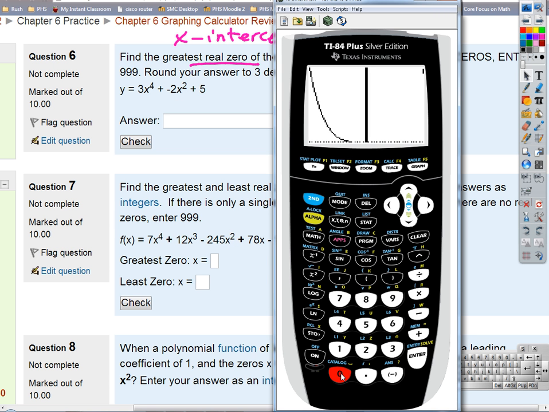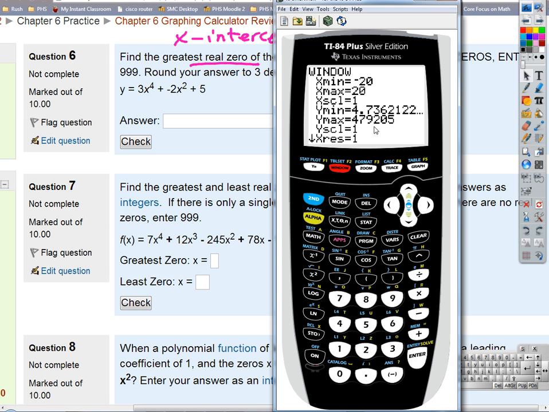Okay, there's what it did. All the action is occurring in here, isn't it? Going from negative 20 to positive 20, everything significant happened in there. The graph is way flattened out though, because look what the calculator picked for the window. Y minimum is pretty small, but Y maximum is almost 500,000. That's making it really skewed.